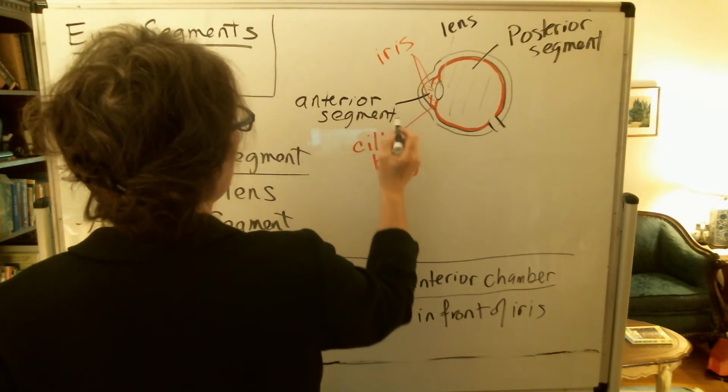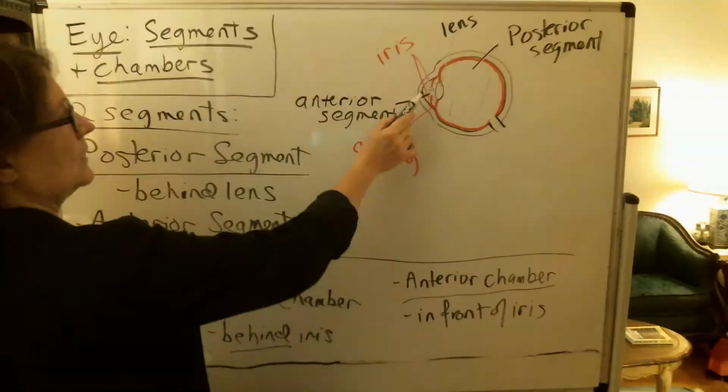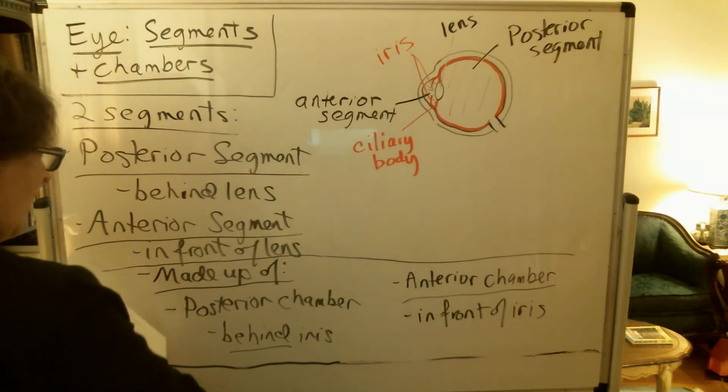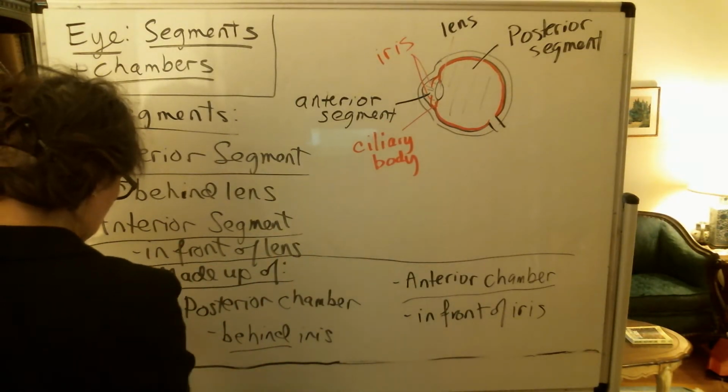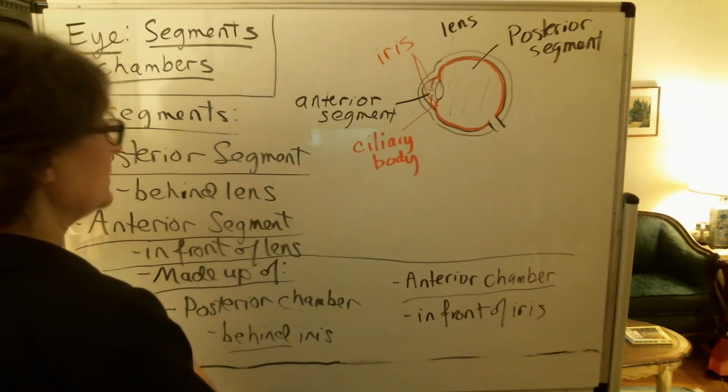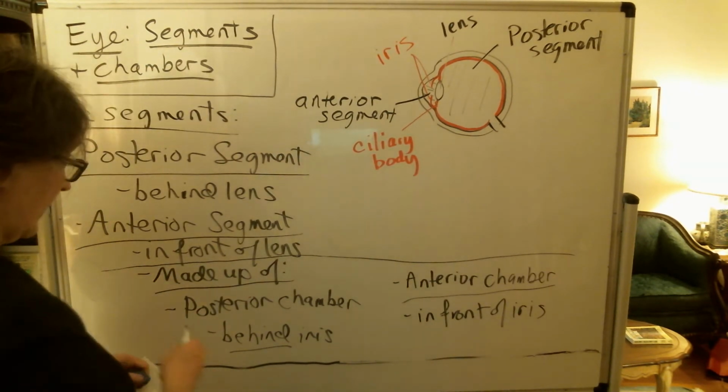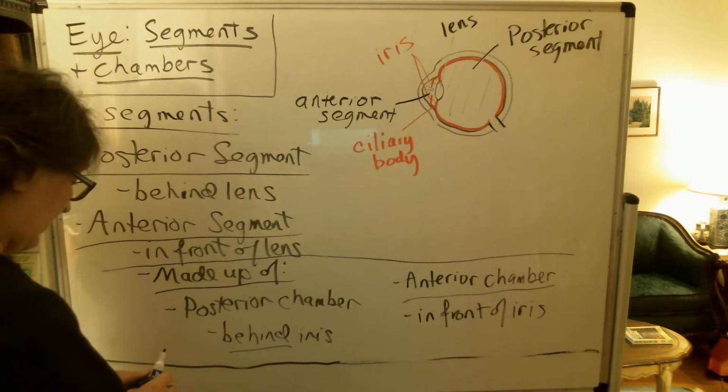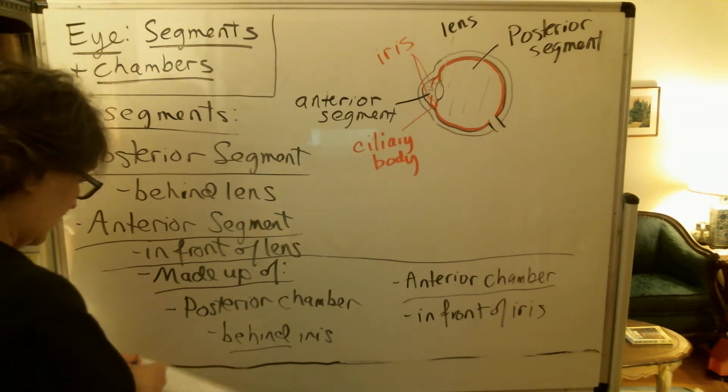Feeling okay about that? So we have the posterior segment and we have the anterior segment. But then I started talking about the posterior chamber and the anterior chamber. So let's take a look at those then.